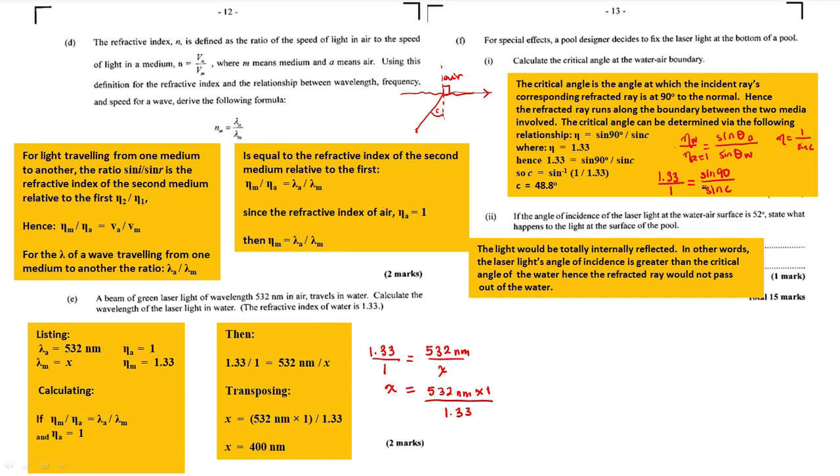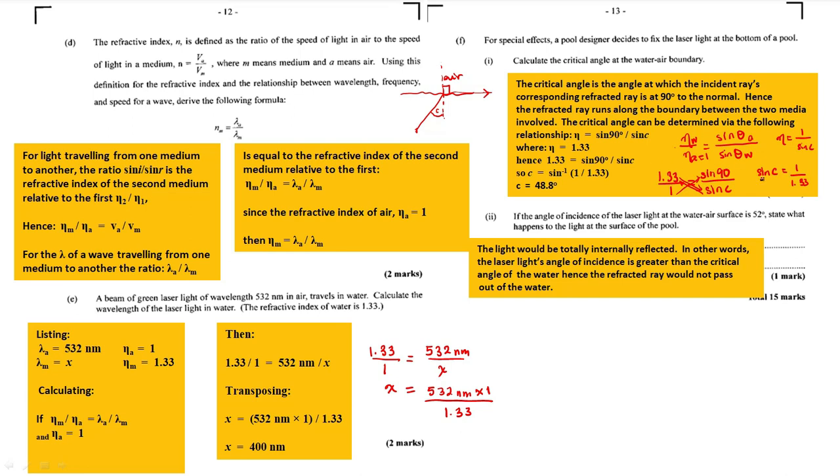With that being said, you do some transpositions, which you see here. You end up with sine C equal to sine of 90, which is 1. Then this goes down and this goes up, and 1 times 1 is 1. So you end up with 1.33 in the denominator.